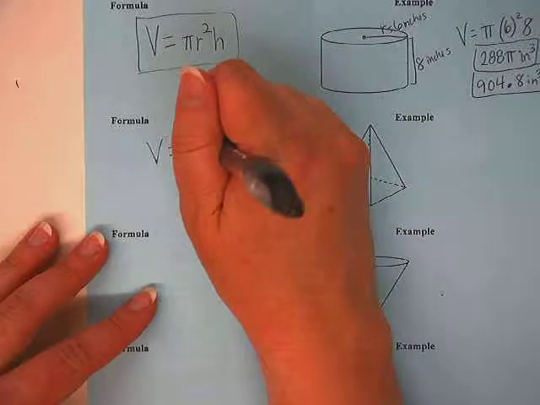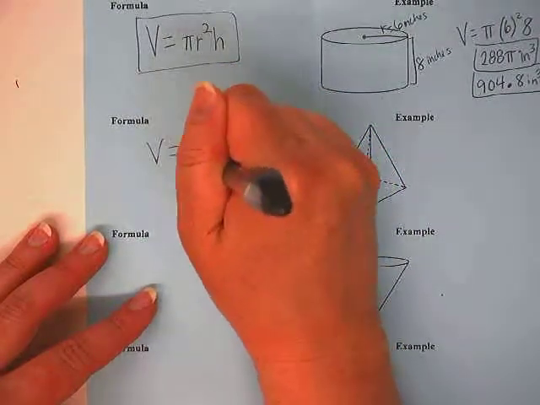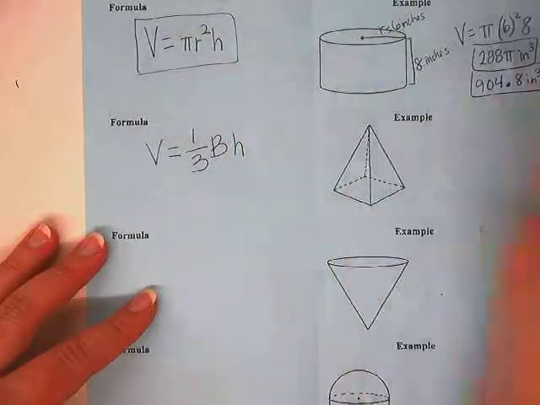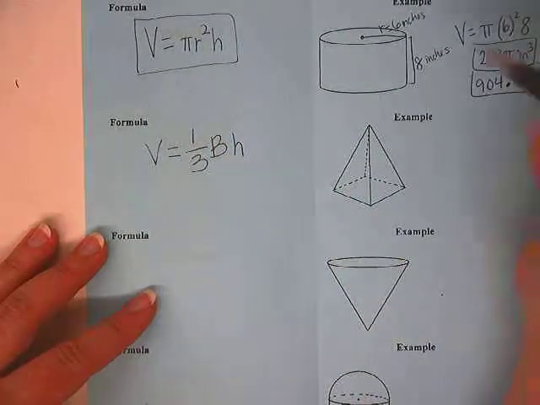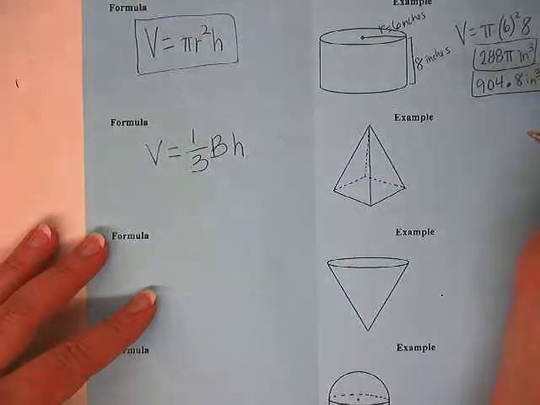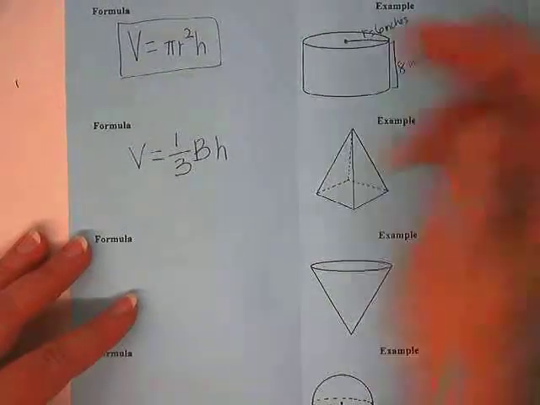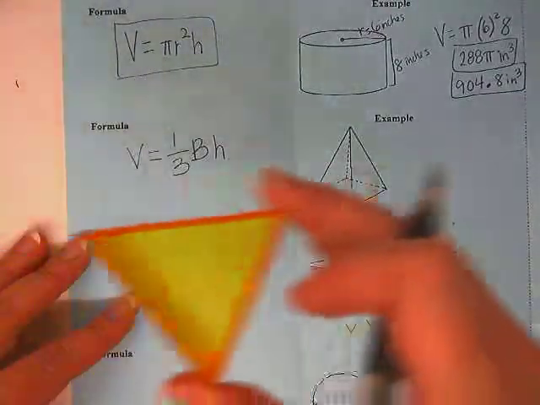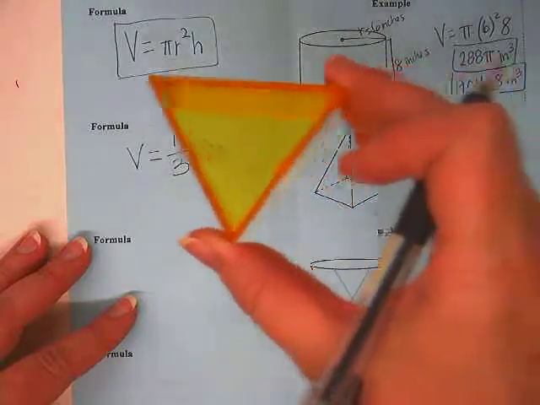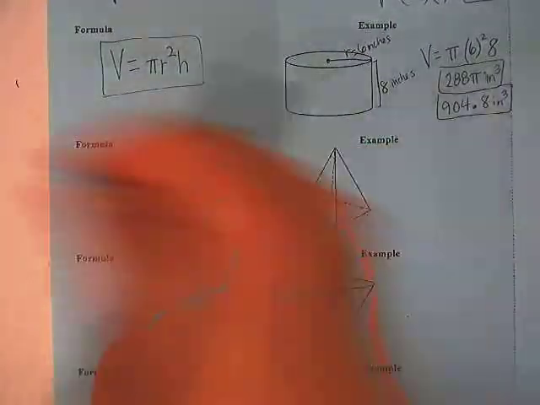Since it filled it up 3 times, how do we reflect that in our formula? 1/3 area of the base times the height. Same exact formula, base times height, but it's 1/3 of the volume, as we just demonstrated with our filling this prism full of water 3 times from the pyramid.